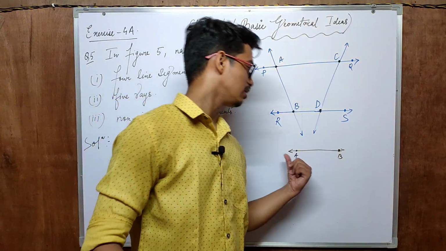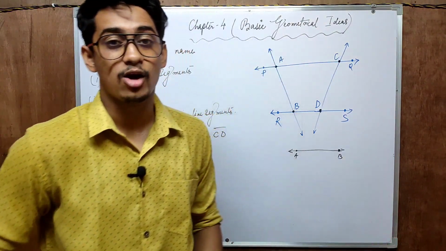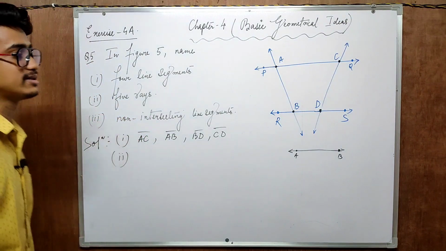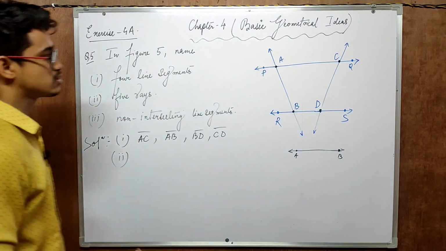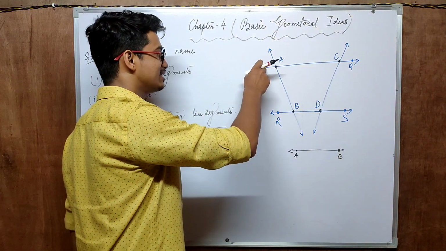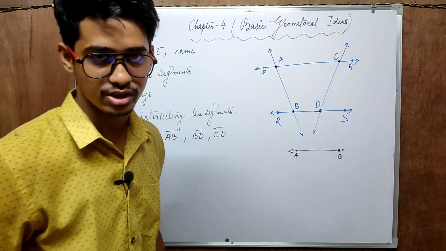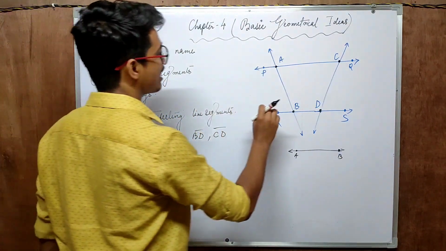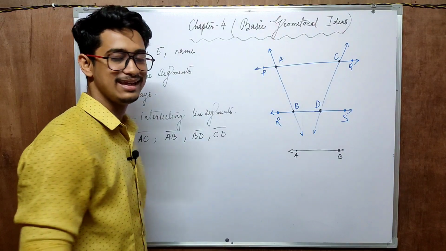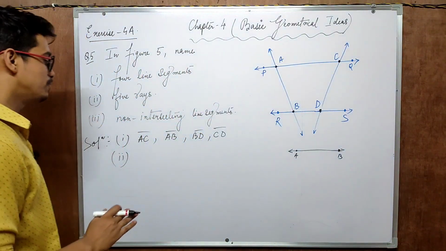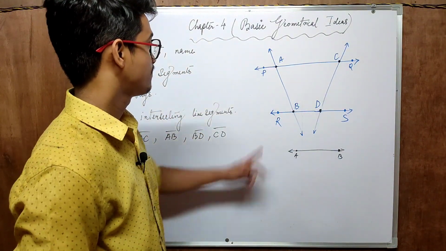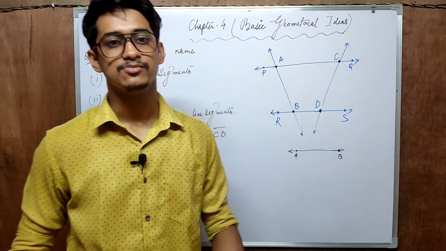Because if I just make one figure, it cannot resonate the thing. That's why they have put P in this position. So it doesn't mean that AP is a line segment. I hope now this concept of ray or line is much clearer to you.